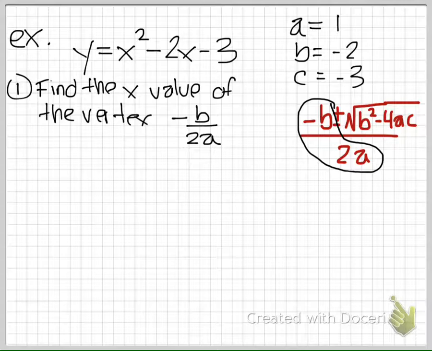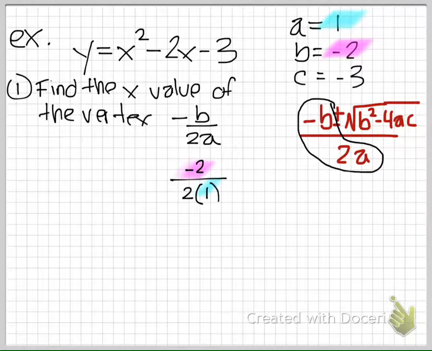Using that information, we plug in our b and we plug in our a into our equation. So a is going to be on the bottom. Let me reset this so it's purple. And then b is going to be on the top. So b here is -2.